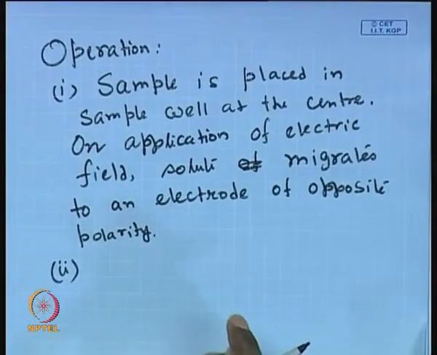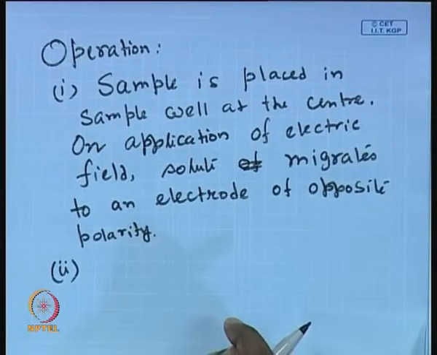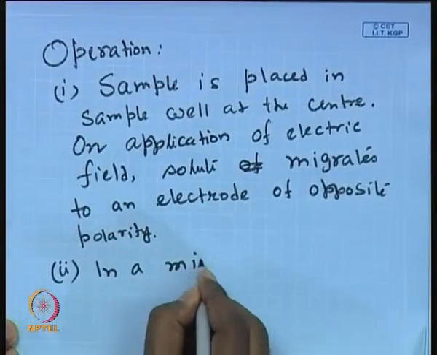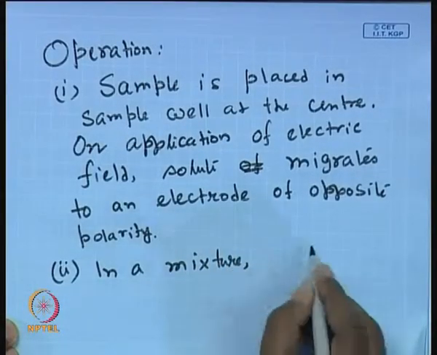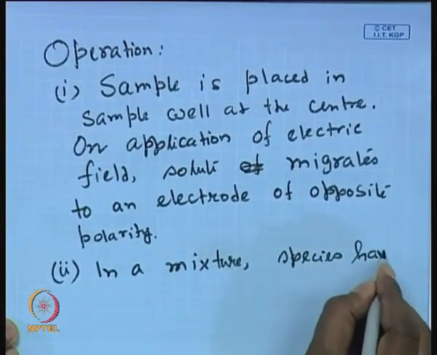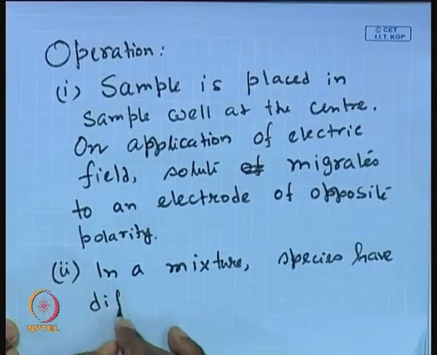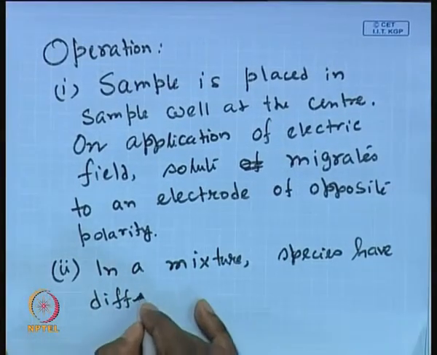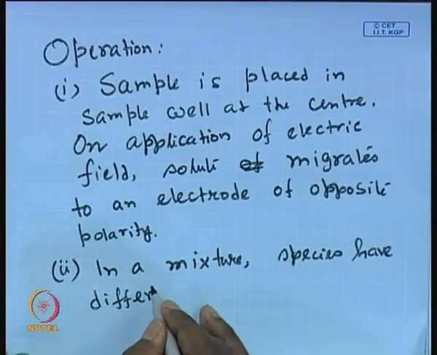Now, if you have more than one species, the solute migration velocity, that means the electrophoretic velocity, will be different, because each of them will be carrying different charges, right. So, in a mixture species have different charges, maybe of opposite signs also, and even with the same sign they will have different values.